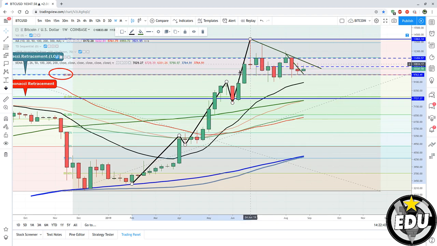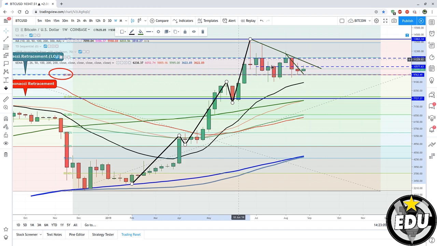Price is consolidating. It's full of massive bearish candles. Look at this almost doji with a massive wick that is like 3K big. Then we had the bearish engulfing, followed by another bearish engulfing, and another bearish engulfing here.